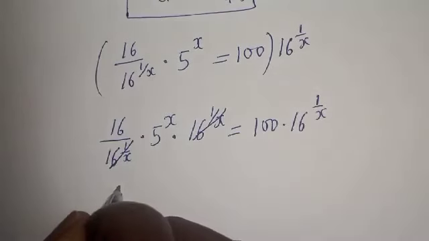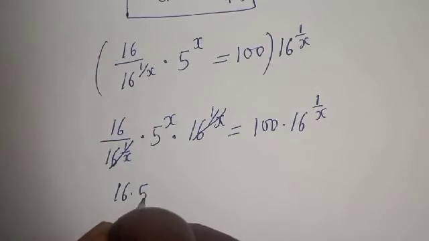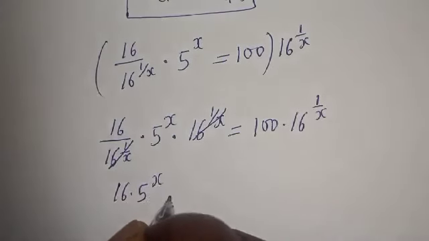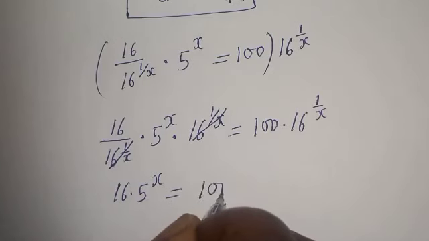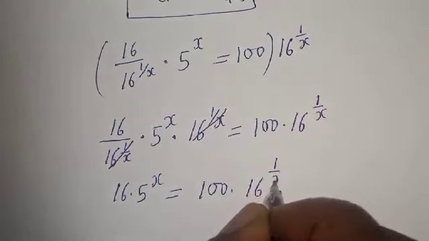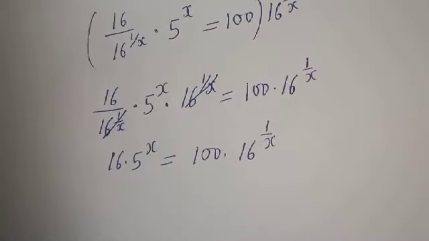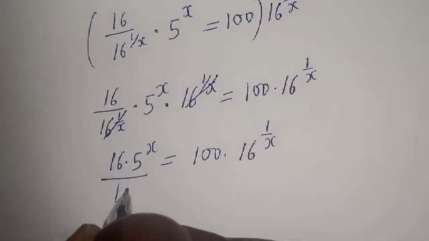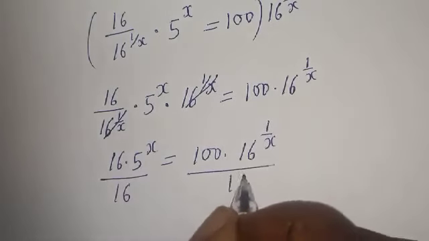We have 16 multiplied by 5 raised to power x is equal to 100 multiplied by 16 raised to power 1 over x. Let's divide both sides of this equation by 16. This divided by 16, this divided by 16.